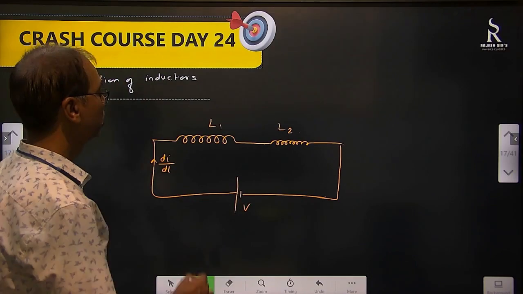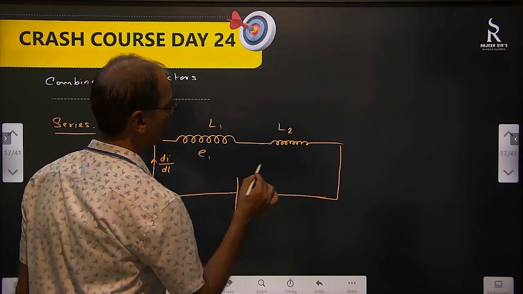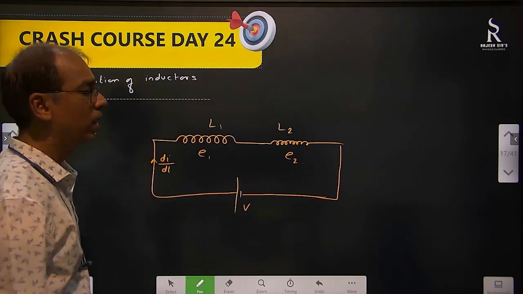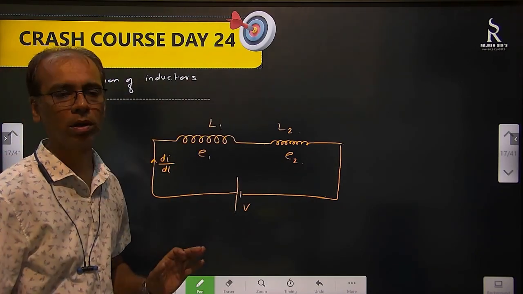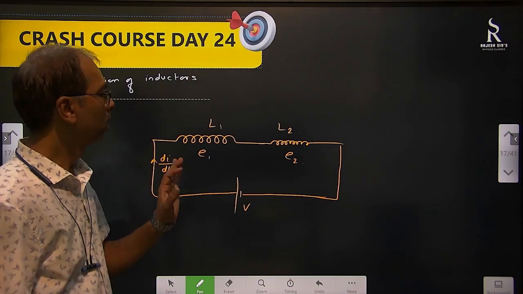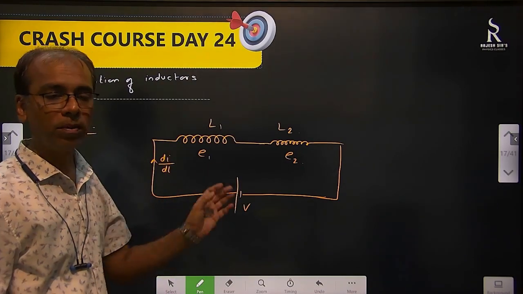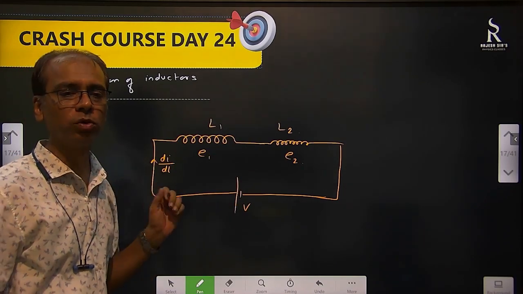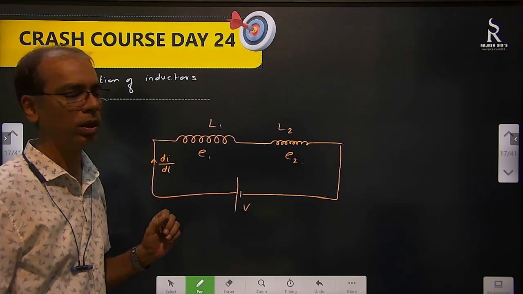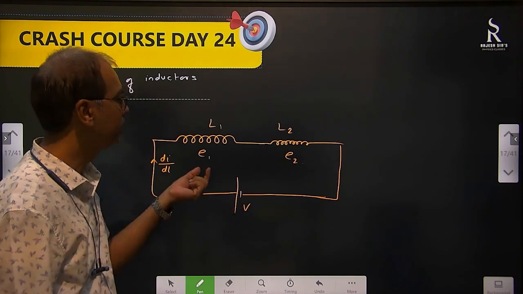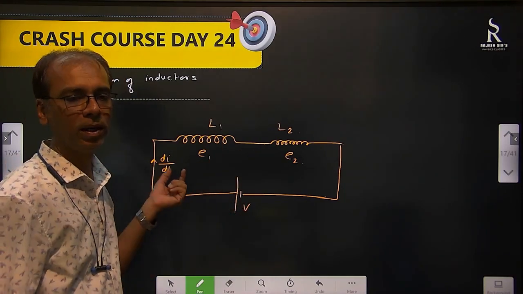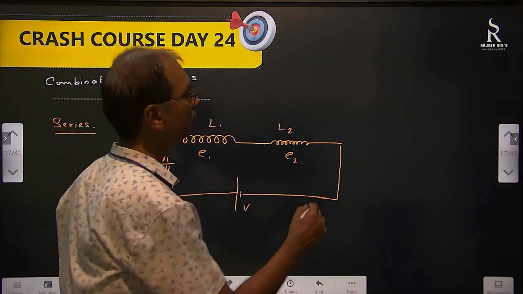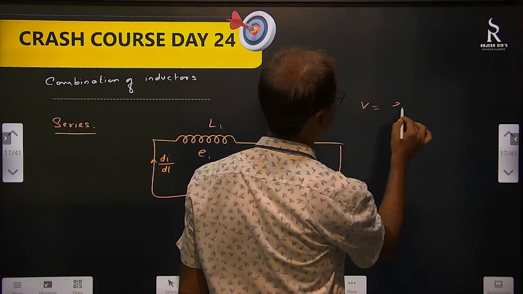So across this there will be EMF induced, and across this also there will be EMF induced. And according to Kirchhoff's loop law, the sum of potential drop across all the elements in a closed loop is equal to 0. That means V minus E1 minus E2 equal to 0. So V equal to E1 plus E2.